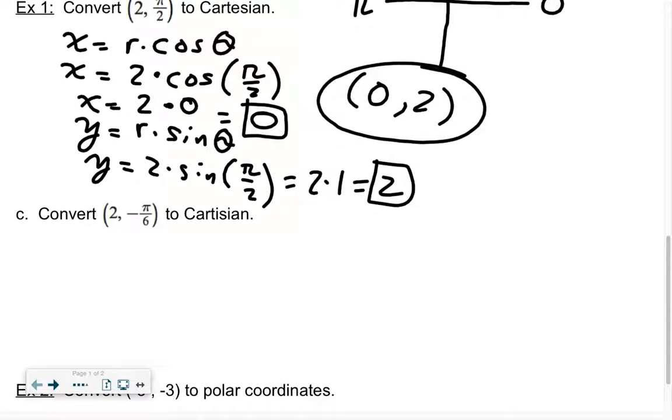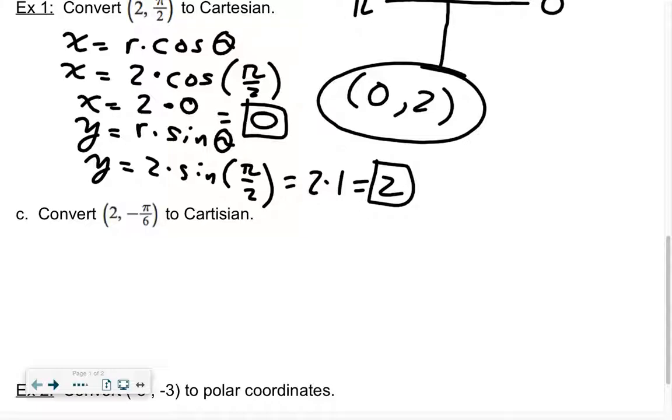On your own, let's go (2, negative pi over 6). What's negative pi over 6 equivalent to?